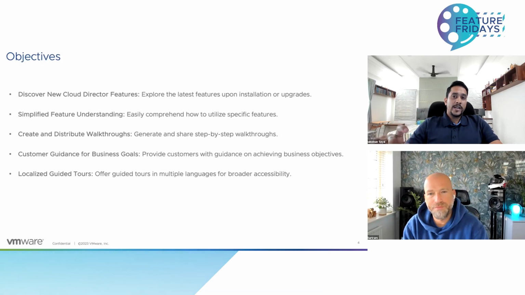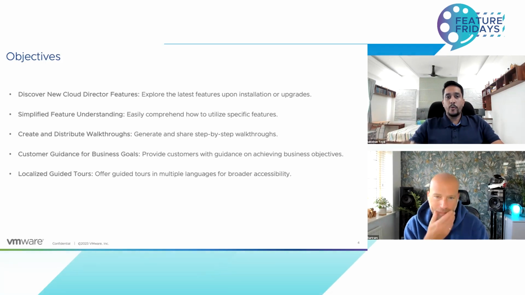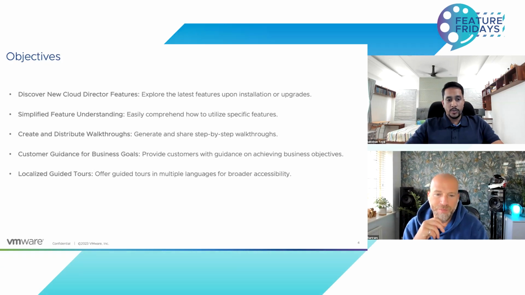Because when we create this tour, a JSON file is created at the end. That file needs to be tweaked, and if the UI has not changed for that feature recording, you do a basic tweak in the JSON file and import it in the later version of VCD.